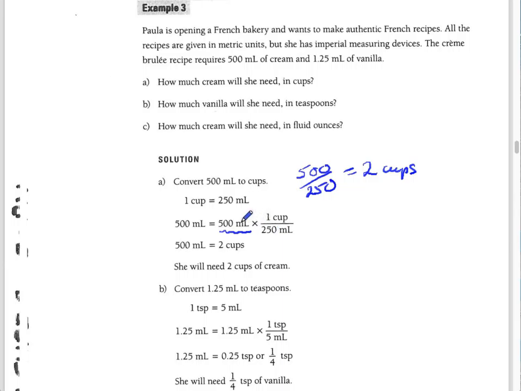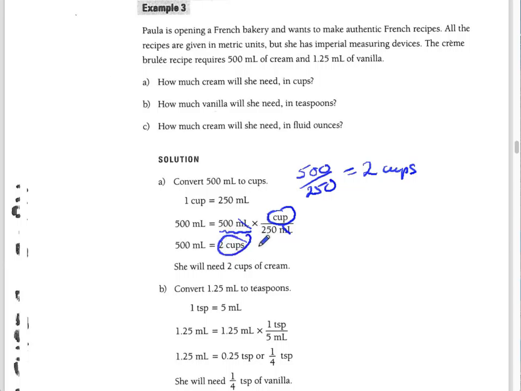But if you want to cancel the mils and end up in cups, since this is in mils, you have to make sure your 250 mils are on the bottom so that the milliliters cancel, leaving your answer in cups. So you're really taking 500 and dividing by 250, same as here, and your answer is 2 cups.